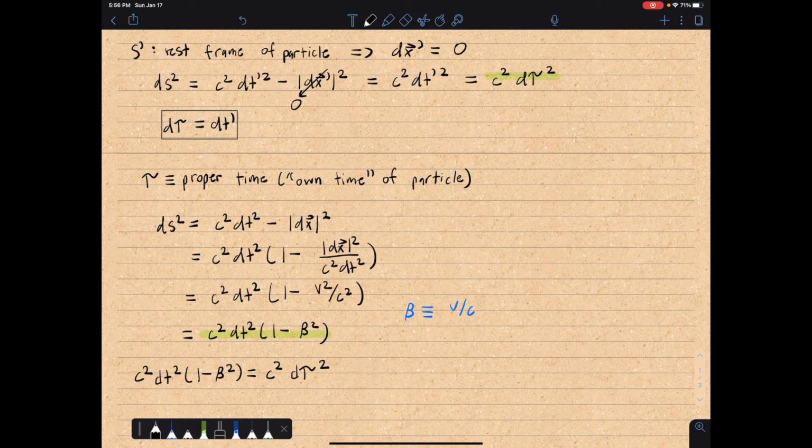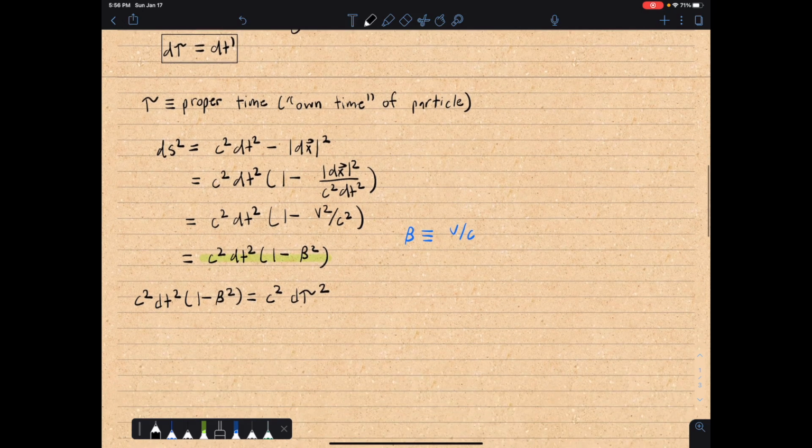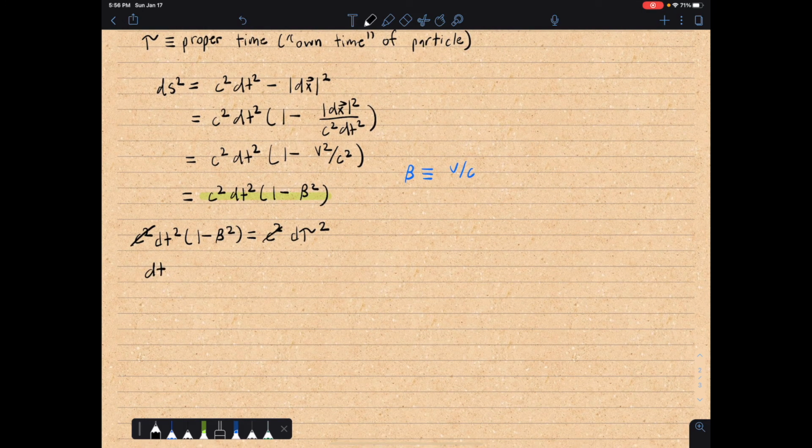And next I'll solve this equation for dt. We can also write this as being equal to gamma times d tau, where gamma is the Lorentz factor equal to 1 over the square root of 1 minus beta squared.